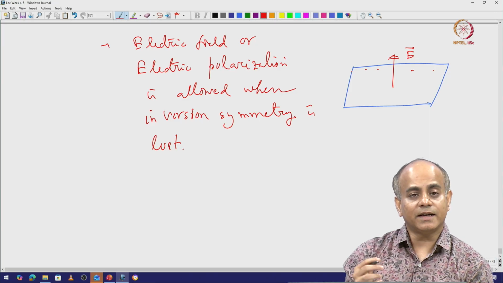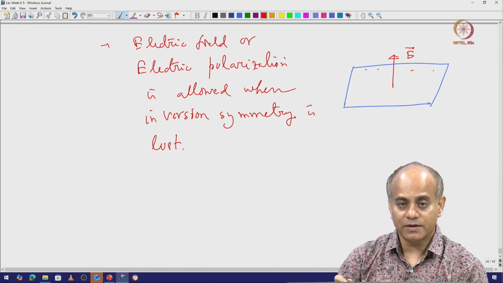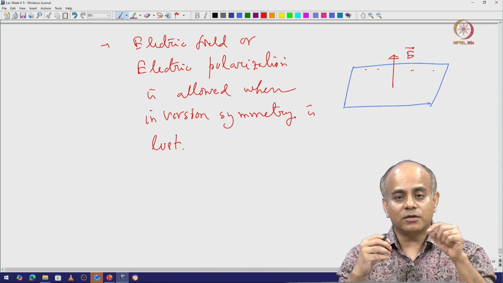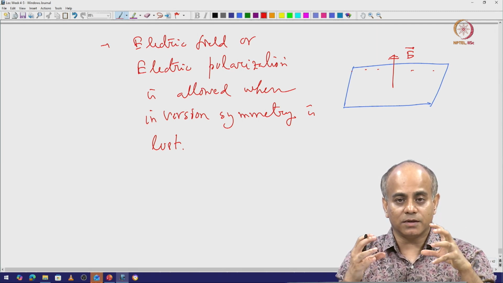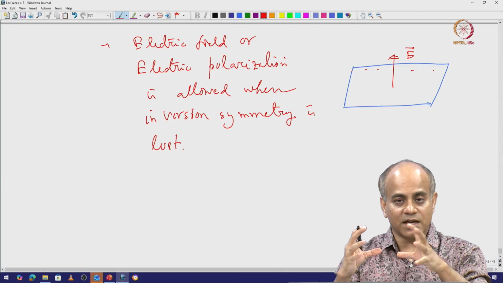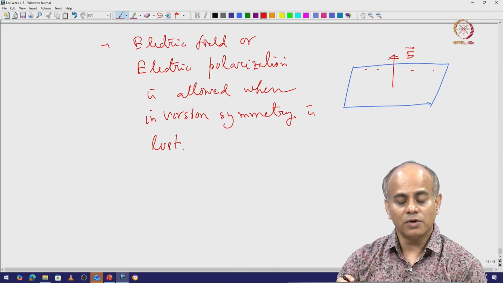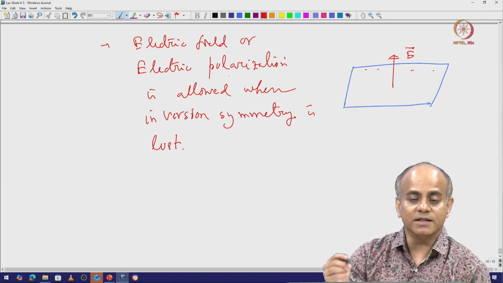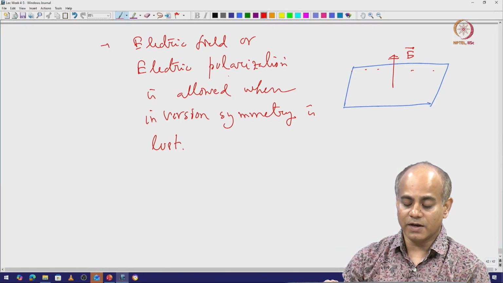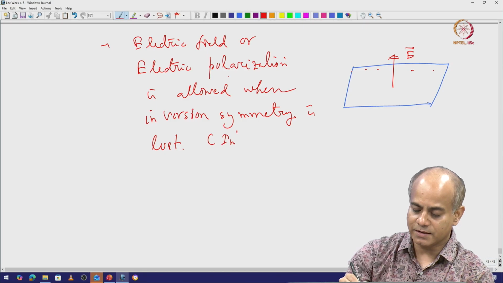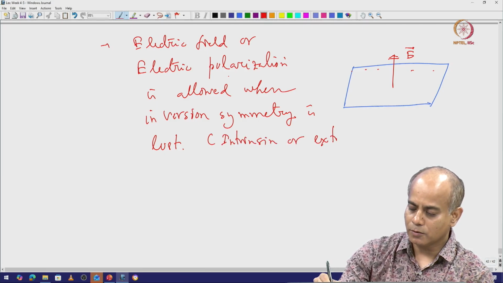Now the electric field can be externally applied or internally generated, because your atoms, the positive charge density and negative charge density center can be off center from each other, giving rise to intrinsic polarization. Sometimes they are called ferroelectrics. Okay. So it can be intrinsic or extrinsic.